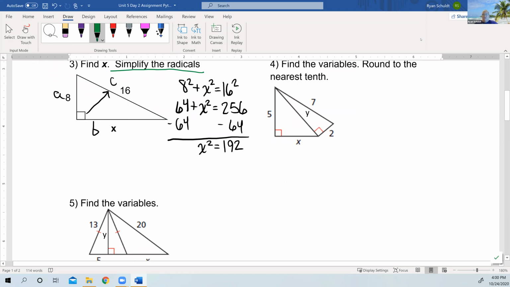Well, it's even, so start with 2. 2 and 96.